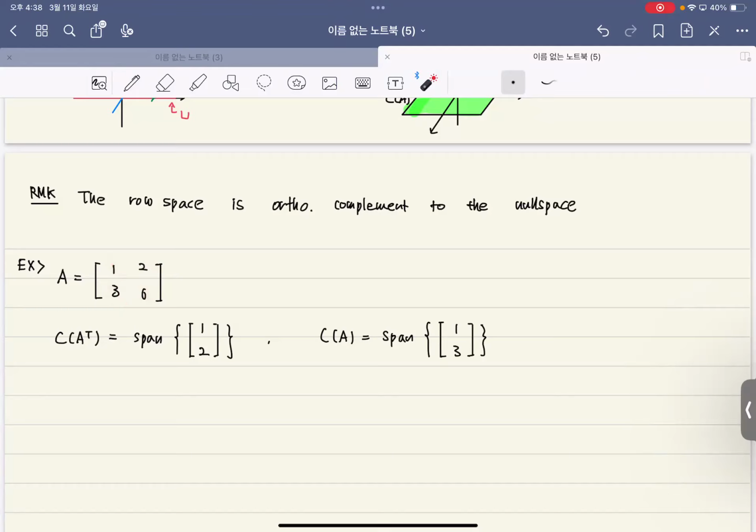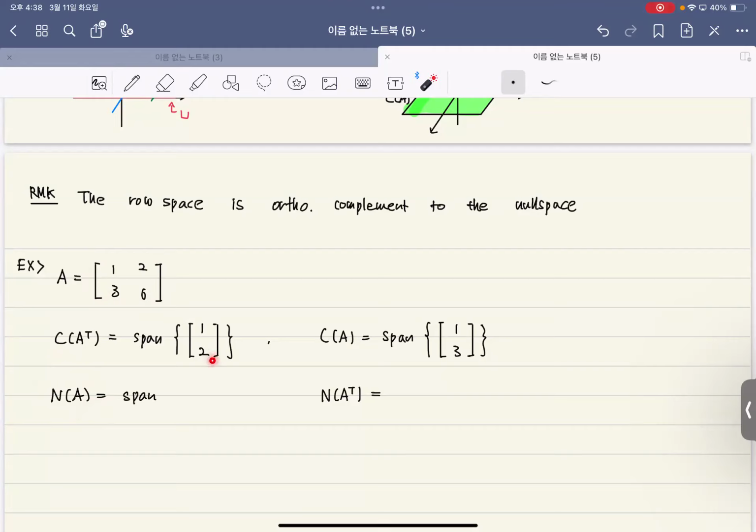Okay. Now the question is, can you find the left null space and the null space? We know that this one is the orthogonal complement of that one. Since this matrix has rank 1, this one must be a one-dimensional subspace. So it suffices to find just one single vector which is orthogonal to this one.